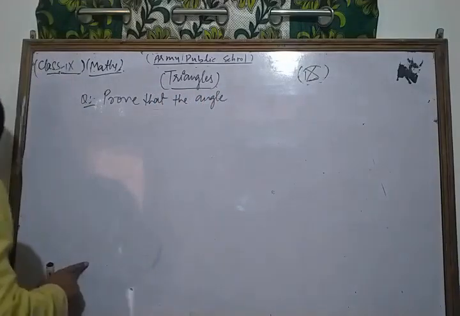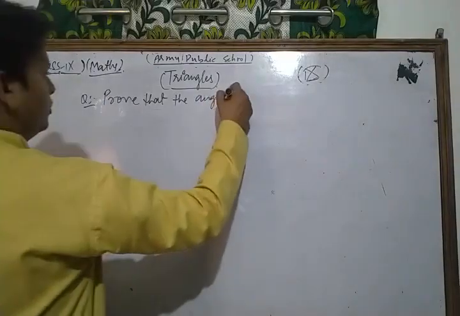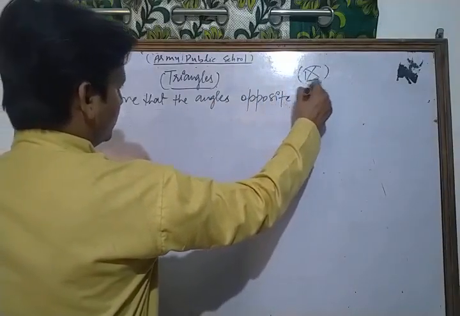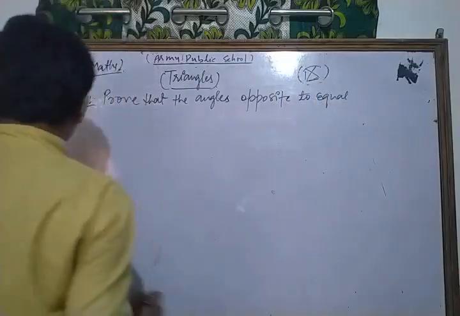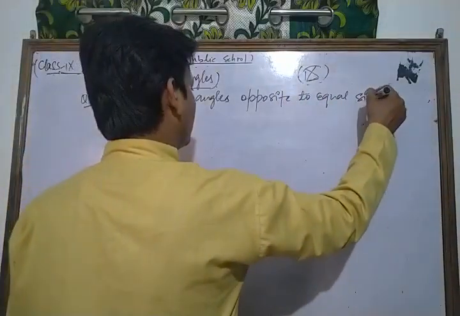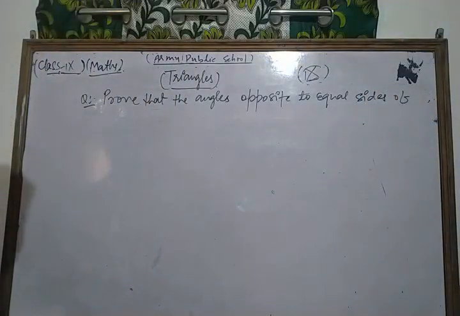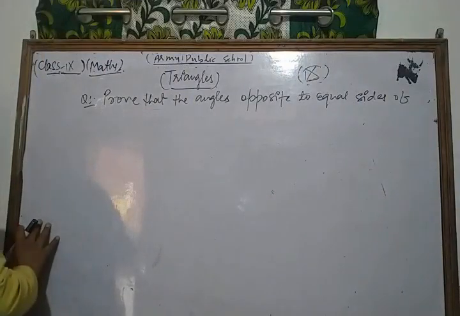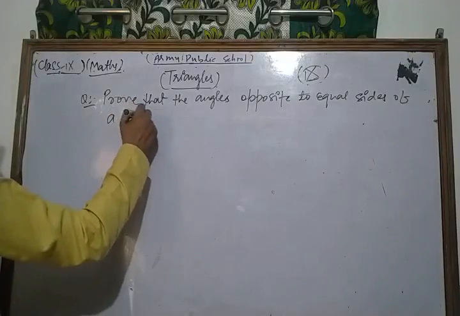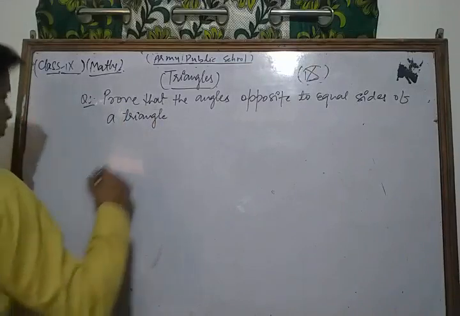Prove that the angles opposite to equal sides of a triangle are equal.